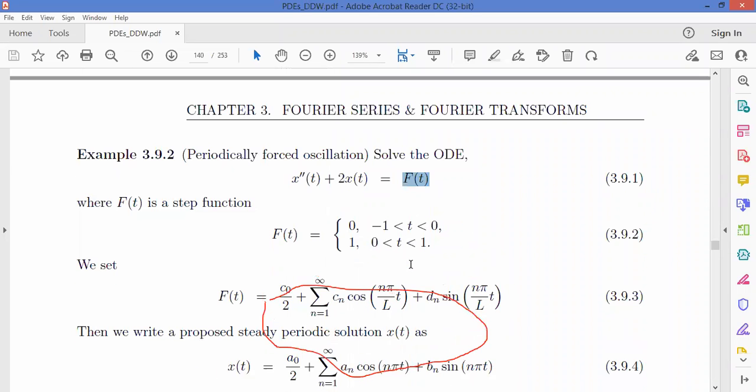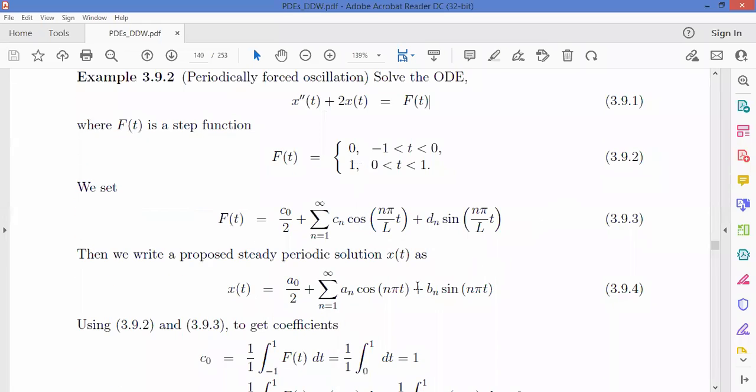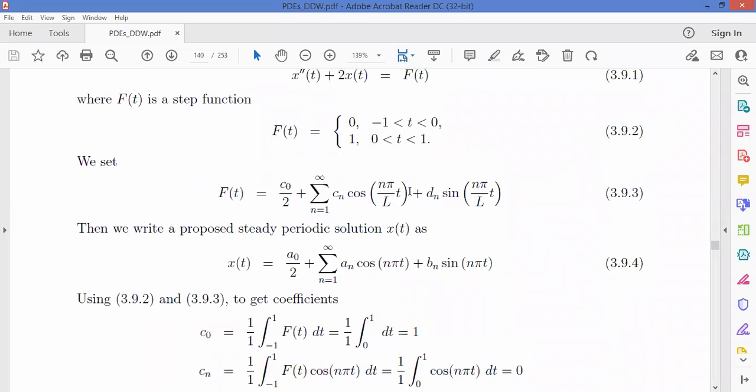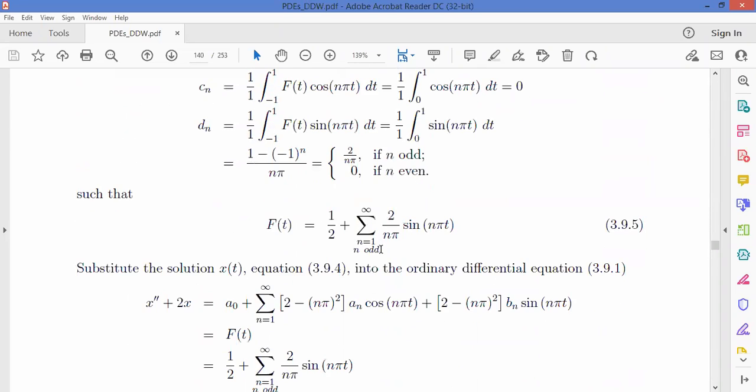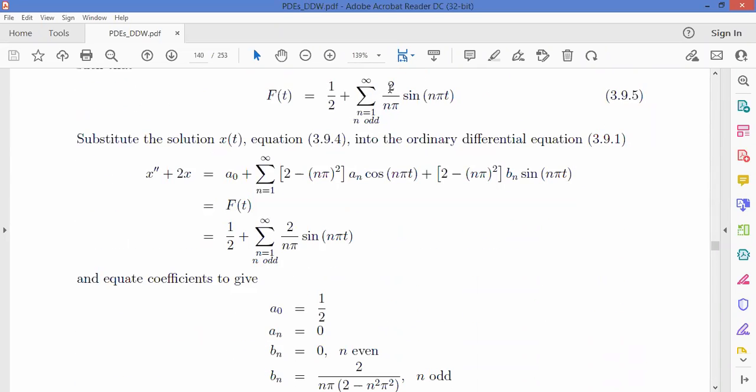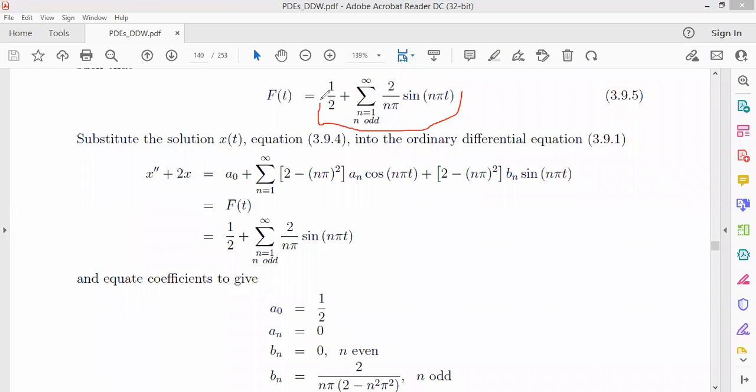So with that said, since ft was determined as this, we've got ft to be this one here. Since ft takes that form, now we can differentiate and substitute.